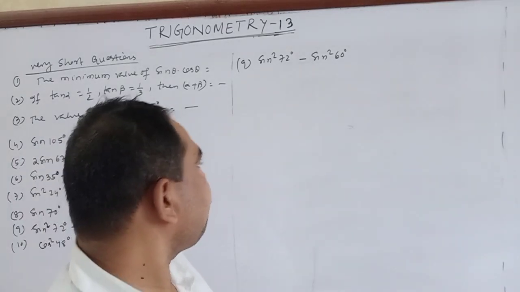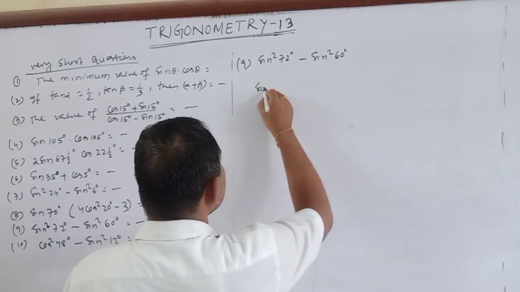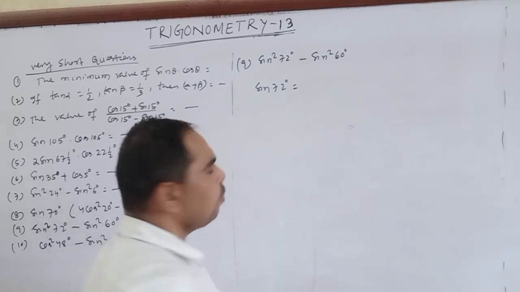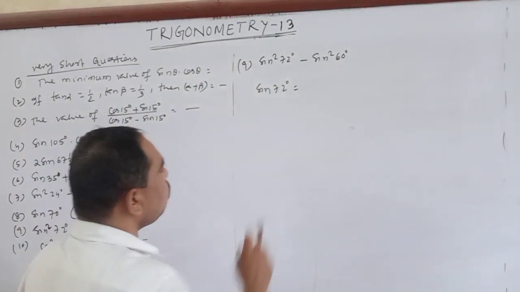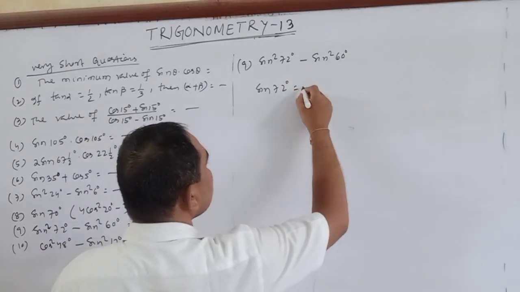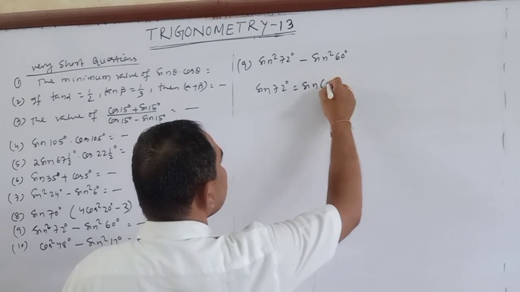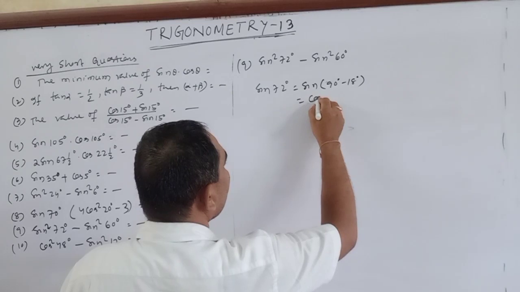Okay. So sin 72 is equal to sin of 90 minus 18 degree. So it is equal to cos of 18 degree.